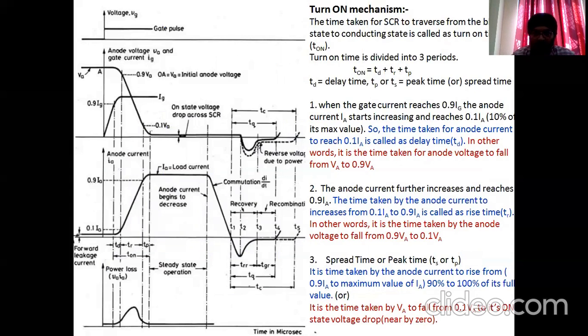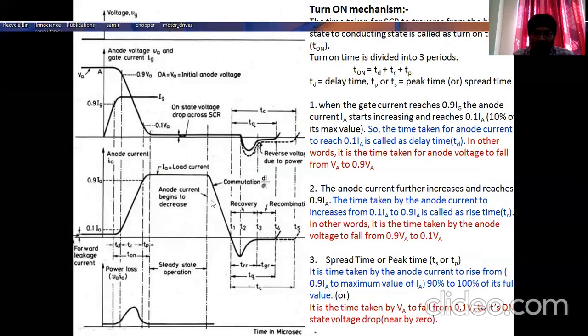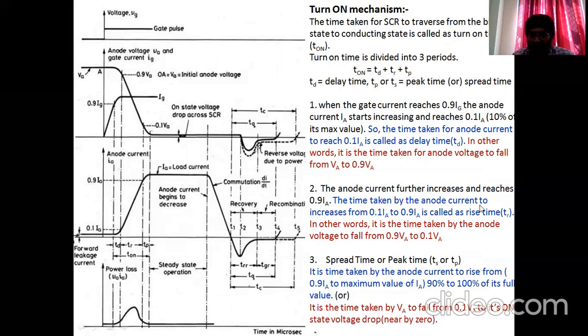So now, in detail, how to understand the turning on mechanism of a SCR, because we will be dealing with SCRs as a switch in most of our power converter circuits. And this is the main switching device used in power electronics in almost all the applications.